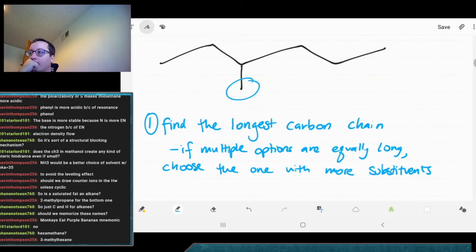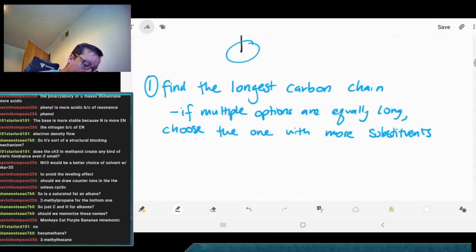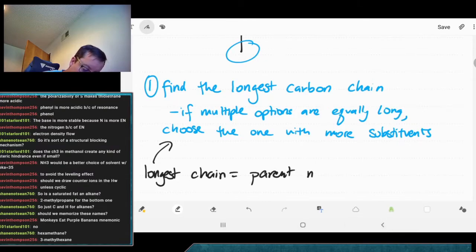So I like your ideas, but indeed Kevin has already mastered it. So indeed, what we want to do is we are going to take this longest chain. Longest chain becomes the parent name of the compound.